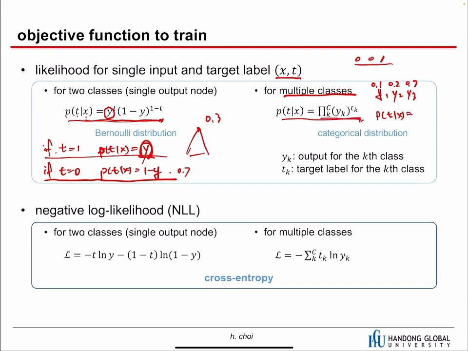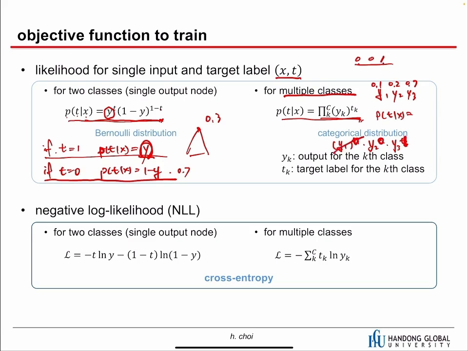Look at this equation. When we have 3 classes, it looks like y1^t1 times y2^t2 times y3^t3. And we assume that the label is the 3rd class. So the first one is 0, and the second is 0, and the third one is 1.